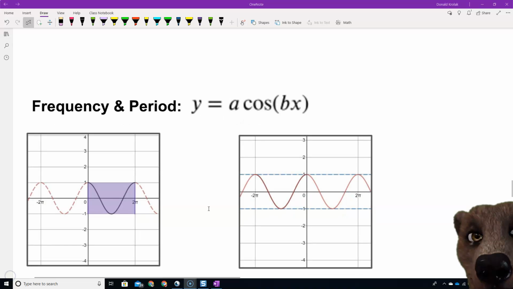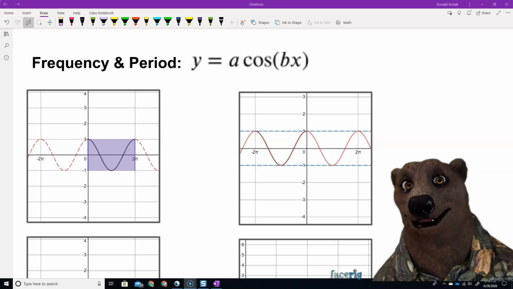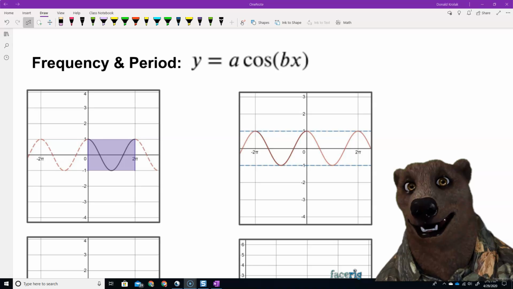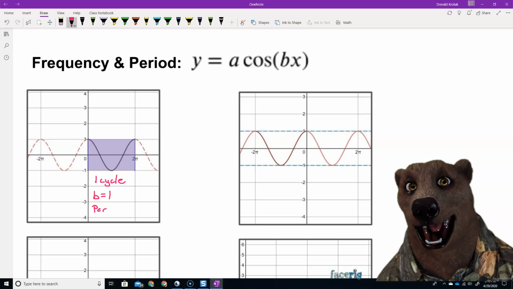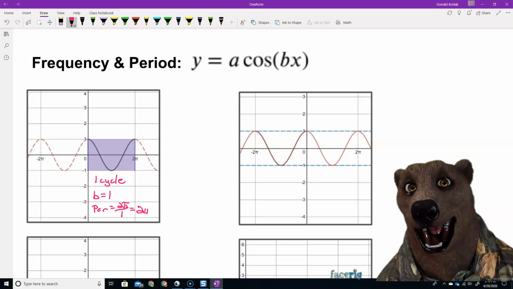Now this next one is just cosine, so we're doing the exact same thing. We see one cycle of cosine, so b is equal to 1. Your period is 2 pi divided by whatever b is, so that's just 2 pi.